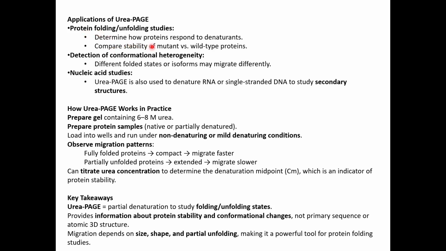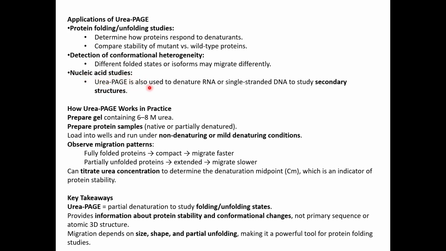We can determine how the proteins respond to denaturants. We can compare the stability of mutant versus wild-type proteins. Detection of conformational heterogeneity can be done, since different folded states or isoforms may migrate differently. So this can be used to study conformational change.